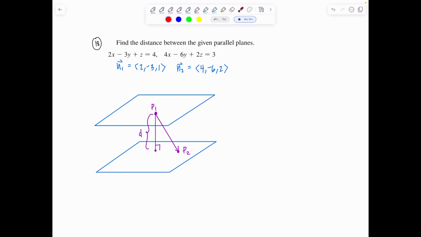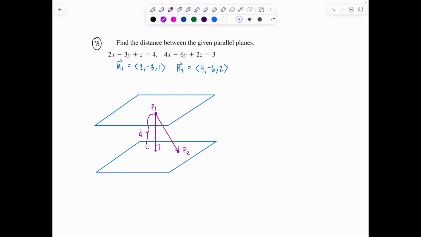Then, in order to find the distance, I need to take this vector and find its scalar projection in the direction of the normal vector to either plane. They're the same, right? Because they're parallel. So you can find the scalar projection of this vector along n1 or n2. It will be orthogonal to both planes. I would say let's just find the scalar projection along the more reduced version. It'll just make life easier.